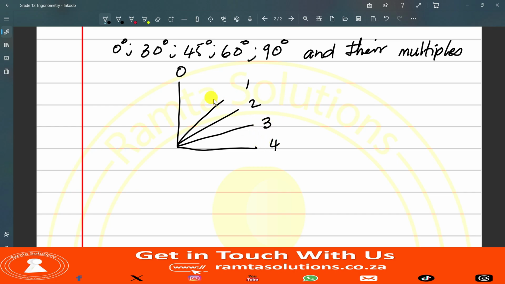Then from the bottom, put square roots next to each number that you wrote. From the bottom, write 0, go up 1, 2, 3, 4.